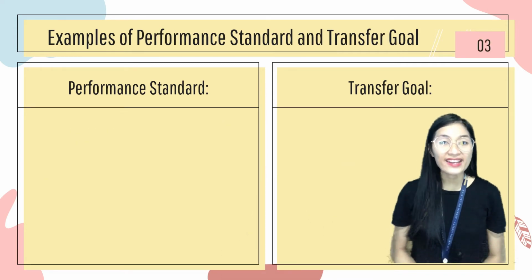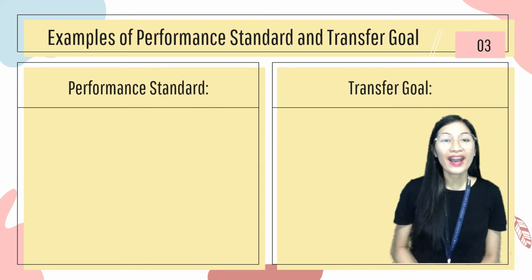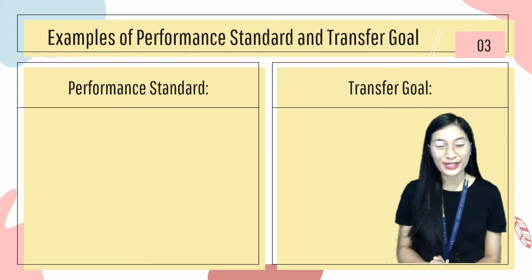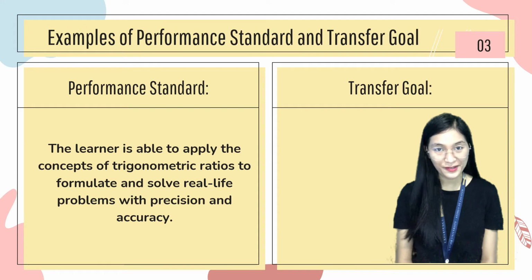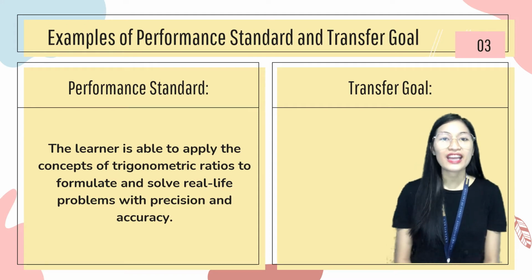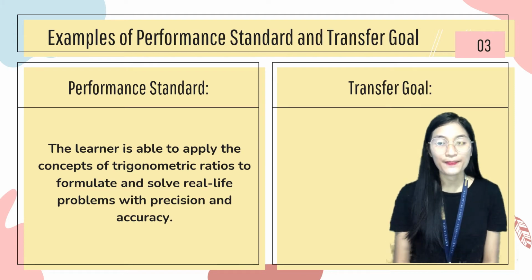Now let me present another example so that we will be able to master how to formulate transfer goals. So the learner is able to apply the concepts of trigonometric ratios to formulate and solve real-life problems with precision and accuracy.